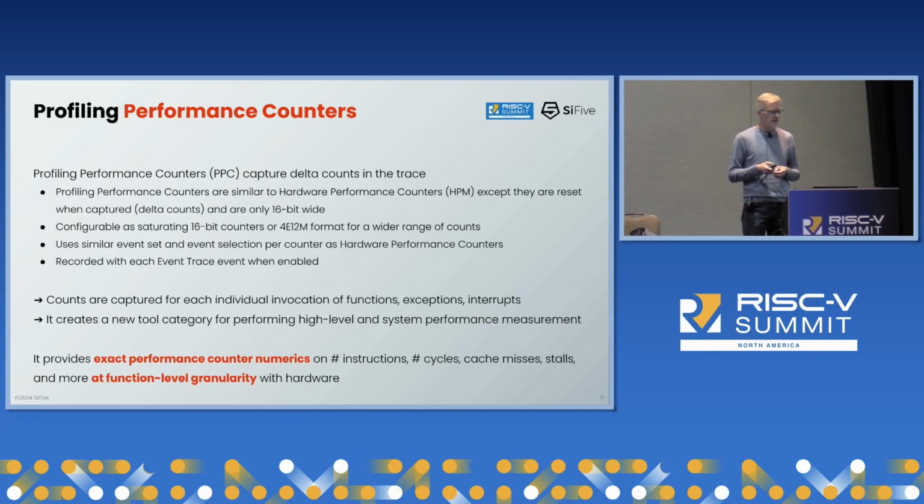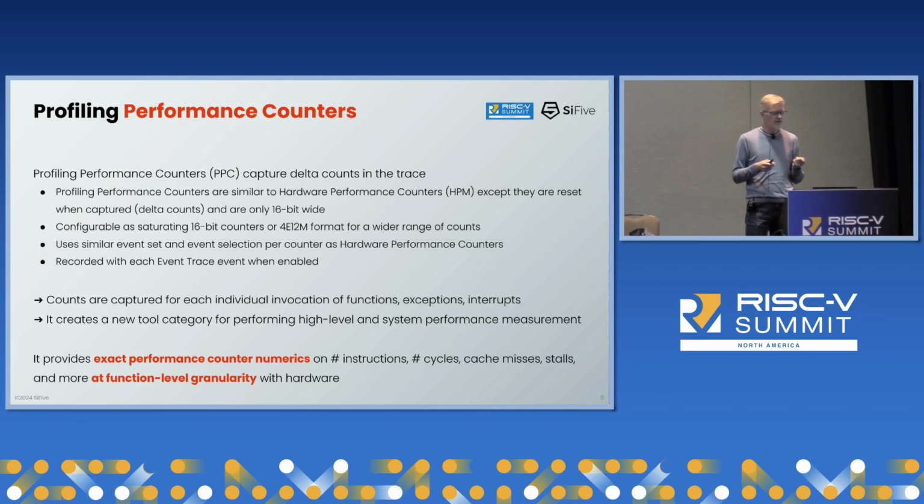But as you are just reprogramming the hardware and can rerun your production code, you can do a lot of deep investigation and different profiles of your production code using both event trace along with profiling performance counters. The counters can be 16-bit, because you do not necessarily care about the exact precision if there is a long duration.